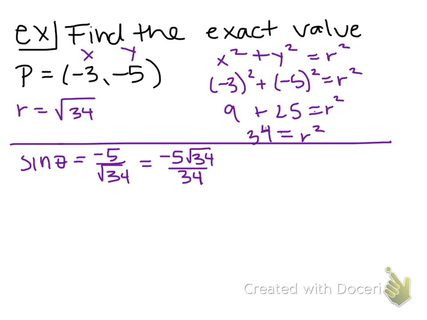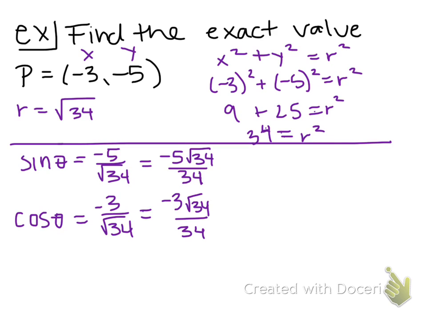In this case, 5 over 34 will not reduce. Moving on to cosine, I have negative 3 over root 34, rationalized, and we get negative 3 root 34 over 34. And then lastly, tangent is y over x, so I have negative 5 over negative 3. I would expect you to cancel out those negatives and just say 5/3.